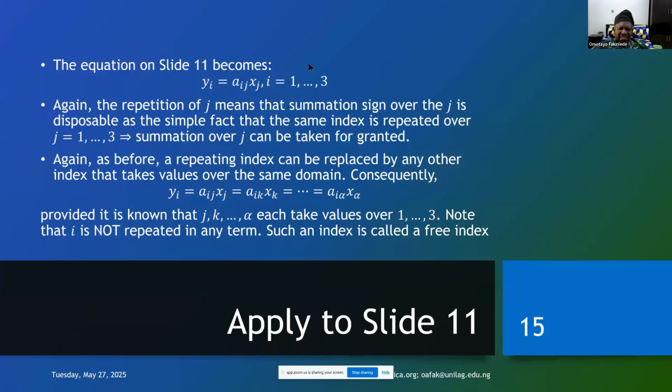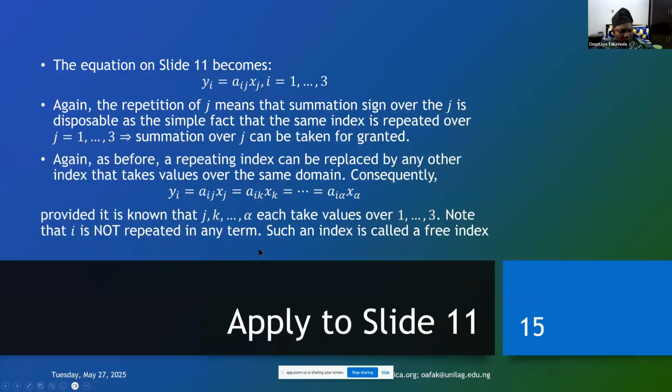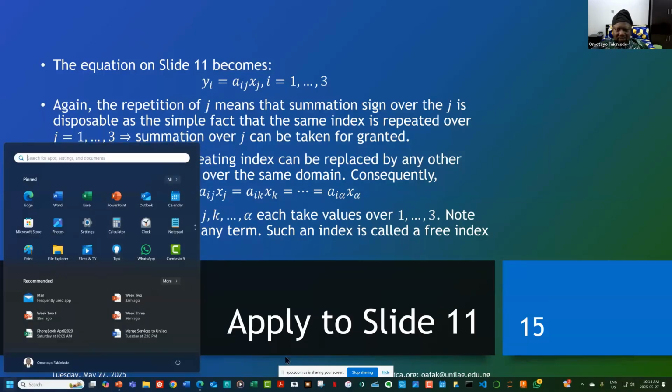The free indices will tell you the number of equations you have. In this particular case, we have only one free index. And because there is only one free index, there are 3 equations involved in the situation we have found ourselves in. So that is what you can get from there.